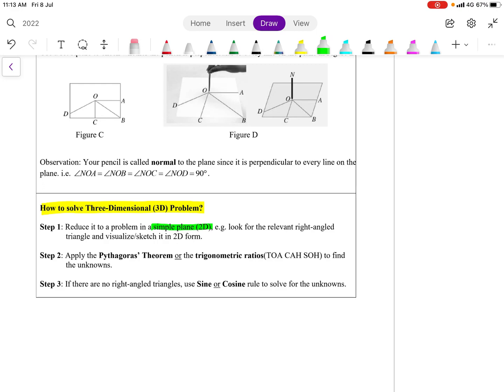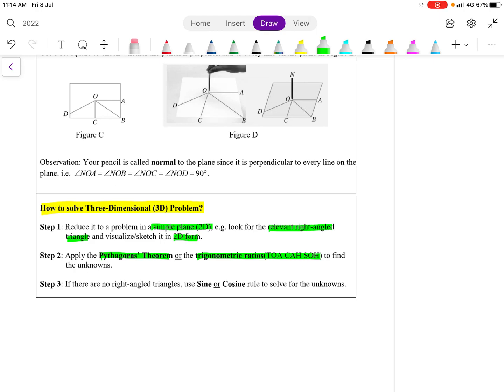In the question you need to look for the relevant right angle triangle, then sketch it in 2-dimension form. What to apply? Most of the time you apply Pythagoras theorem or trigonometric ratios (SOH CAH TOA) because they are right angle triangles that you have drawn out.